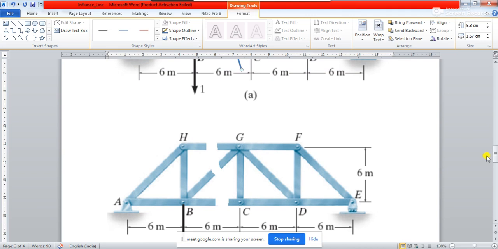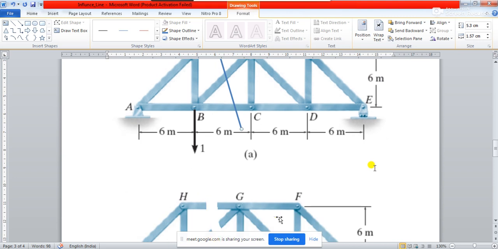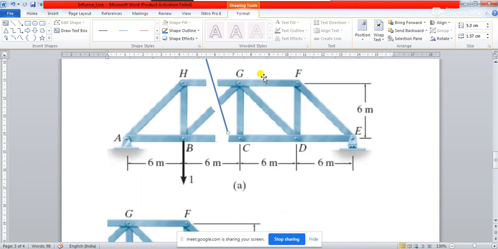So what you have done, you have passed a section something like this, and because of this section, the truss will be getting basically divided in two parts, right?